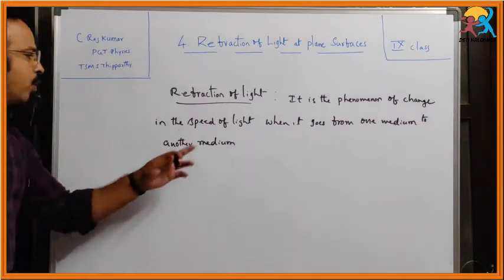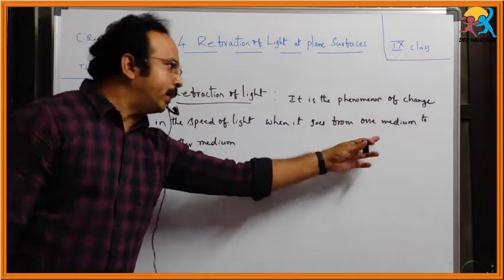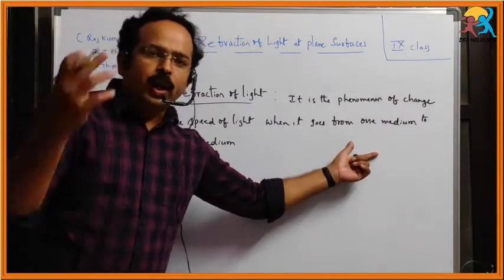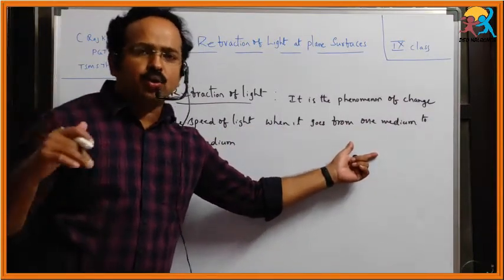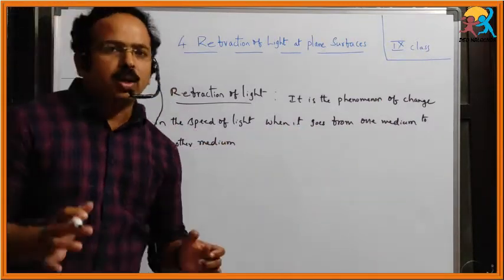Here one medium means it may be from water to air, or from glass to water, or glass to air. Glass is one medium here, water is one medium here.